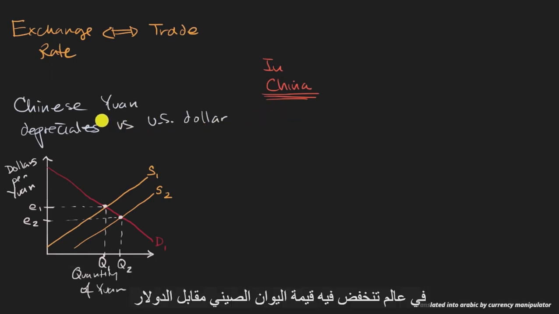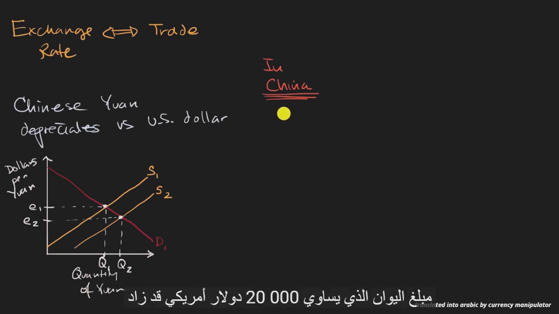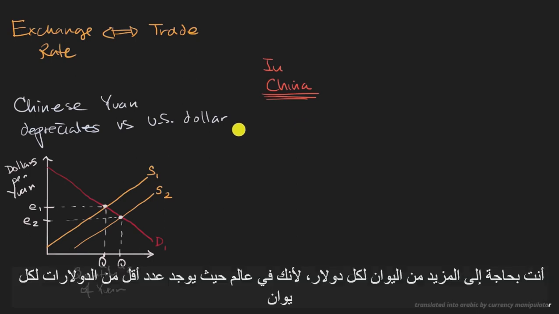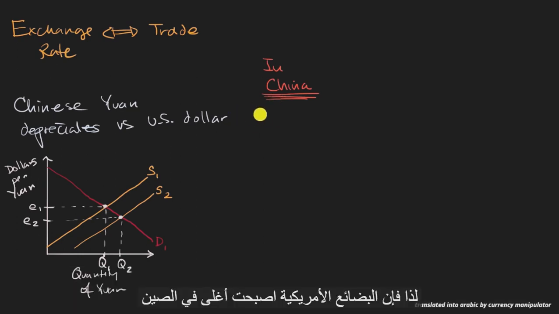Well, in a world where the Chinese yuan depreciates versus the dollar, the amount of yuan to equal 20,000 US dollars has now increased. You need more yuan per dollar because you're in a world where there's fewer dollars per yuan. So American goods become more expensive in China.